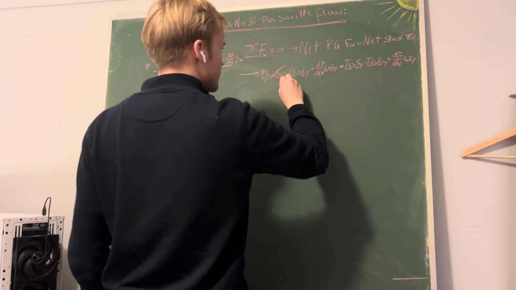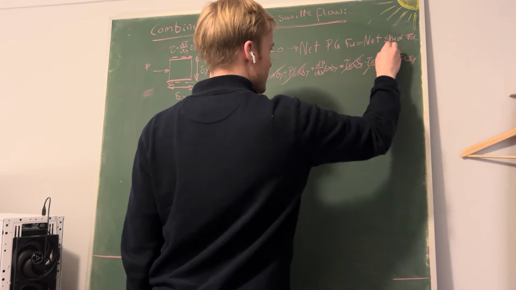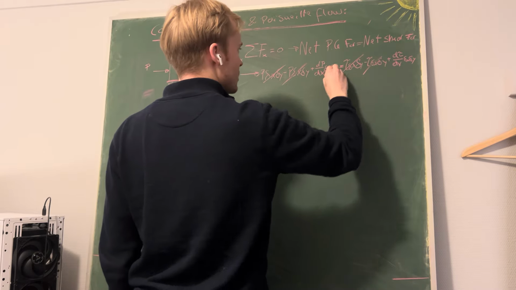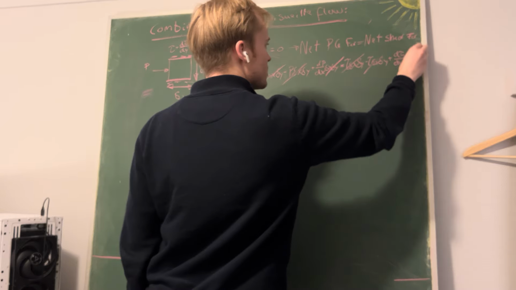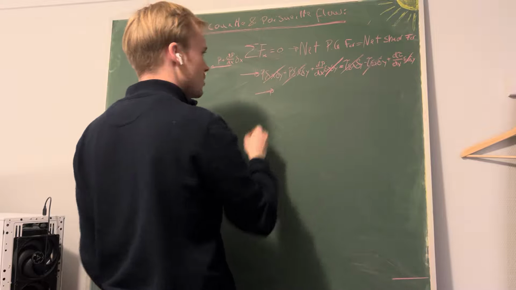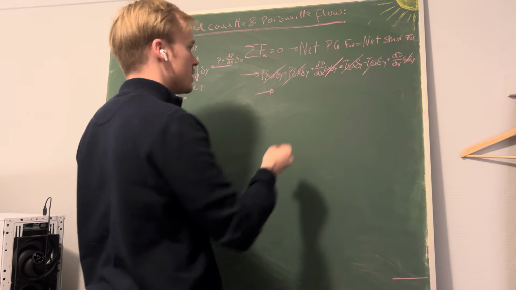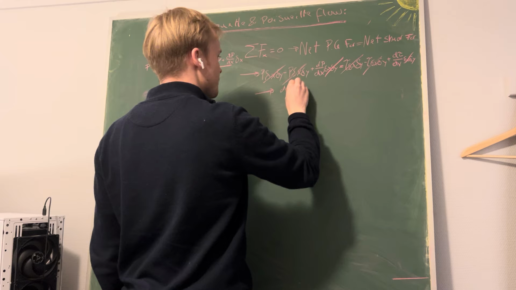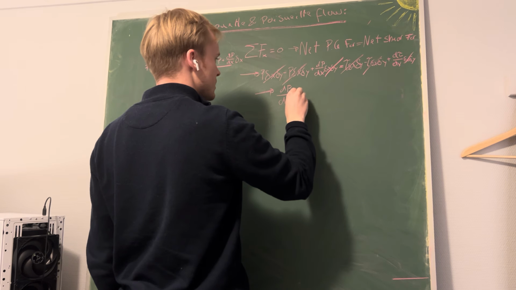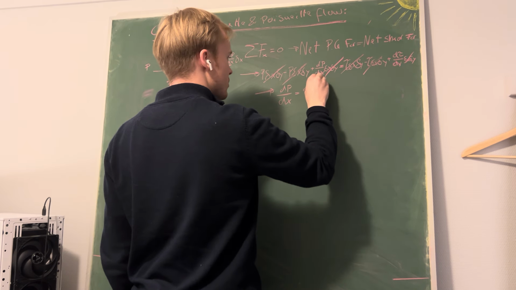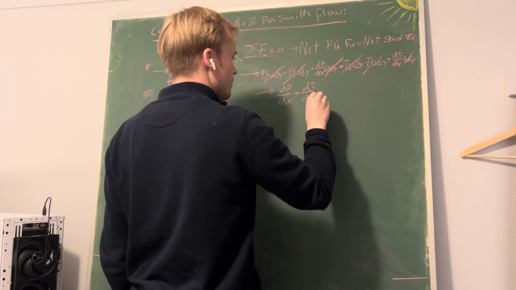These terms cancel because they are the same, and delta x delta y also cancels, so we end up with what we should have gotten the last time: dp dx is equal to d tau dy.